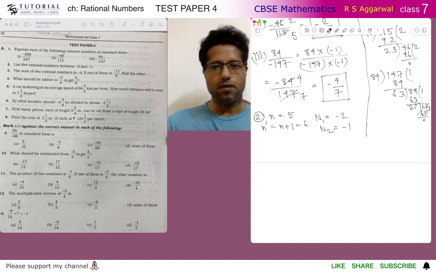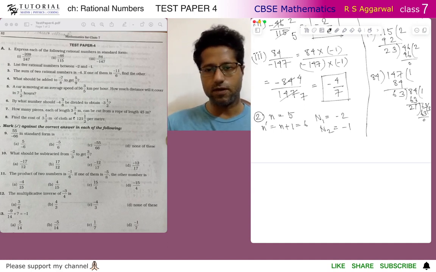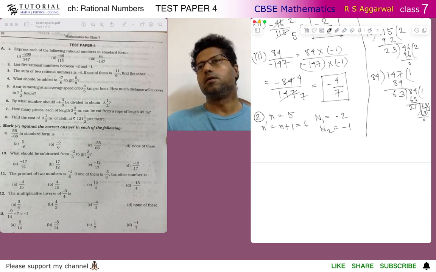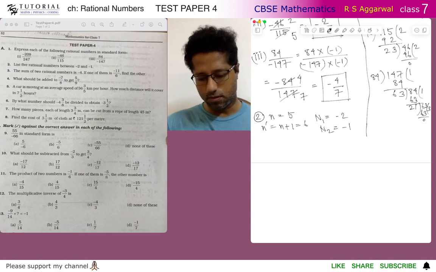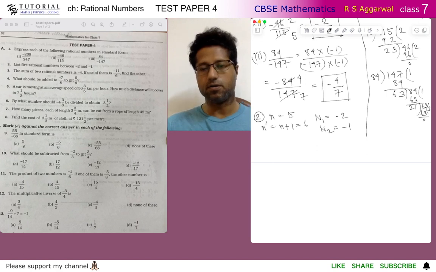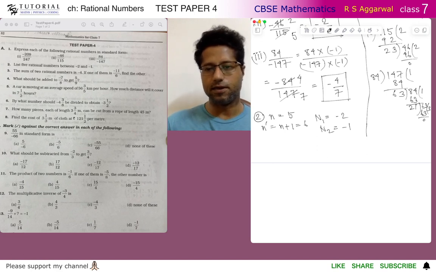Since these are integers, first we have to convert these two rational numbers so that they have a common denominator of 6, that is n dash. n1 is minus 2, which is minus 2 by 1.